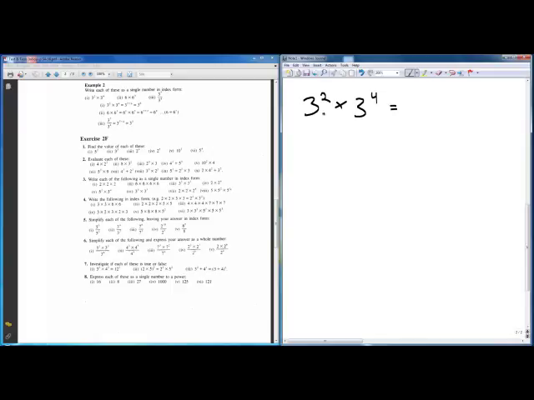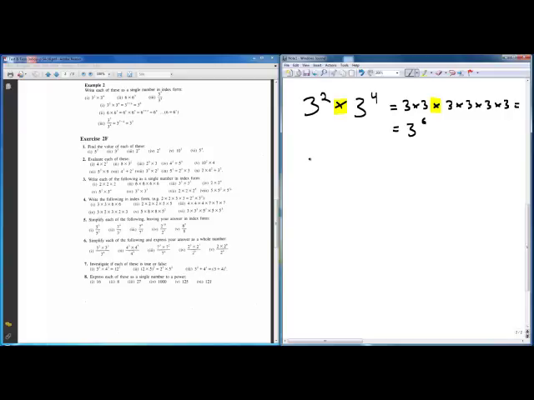Remember that 3 index 2 is 3 times 3, and then we have multiplication. That's this one, and then we have 3 index 4, which is 3 times 3 times 3 times 3. And we can rewrite this as 3 index 1, 2, 3, 4, 5, 6. Index 6.